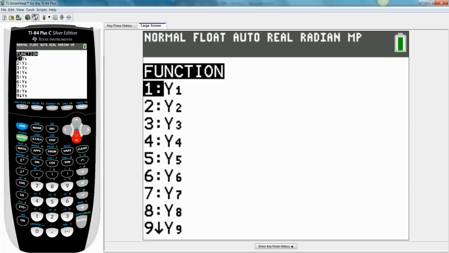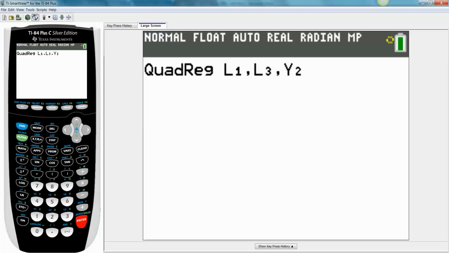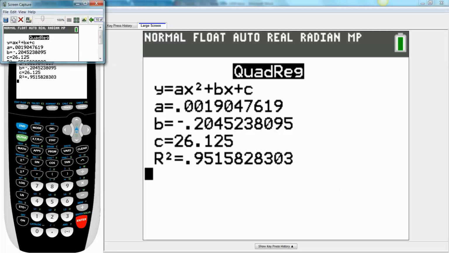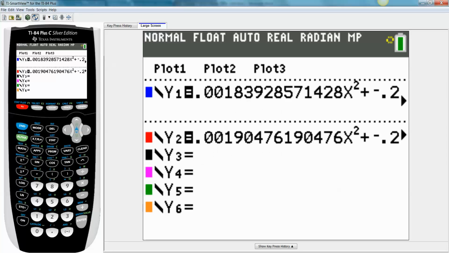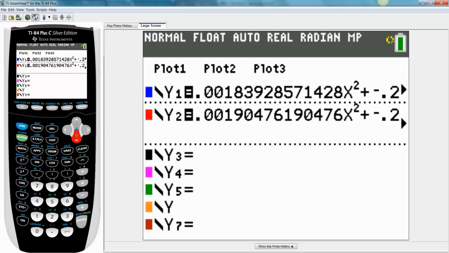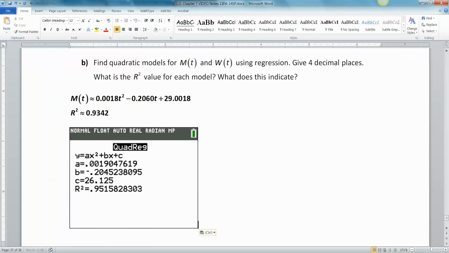But the male model is in Y1, so I want the female model to be in Y2. So I'm going to store it in Y2, calculate. If I hit Y equals, you can see there's the men for Y1, and there's the women for Y2.